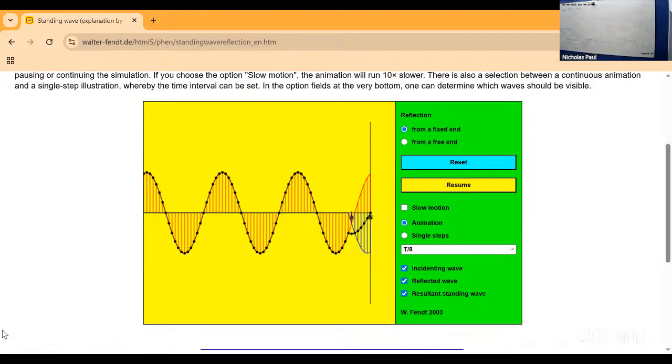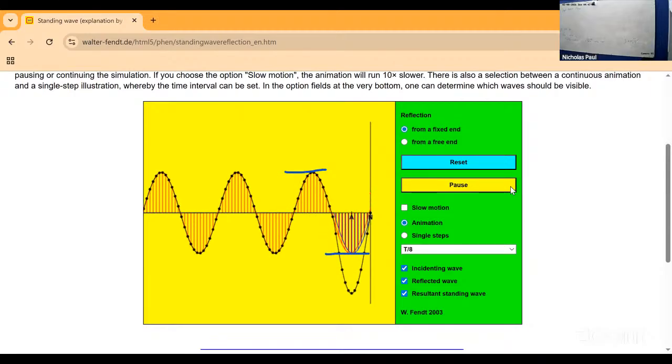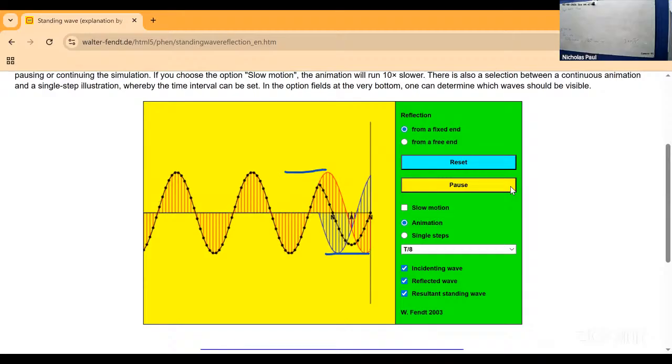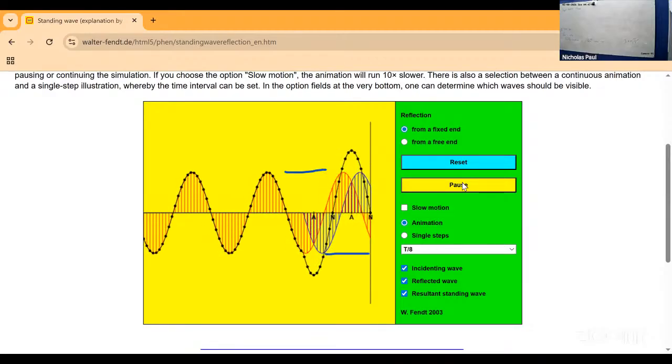I want you to observe what's going to happen when the blue wave intersects in phase with the red. Remember that blue line is the amplitude, right?